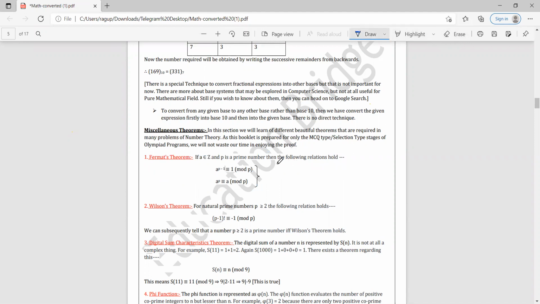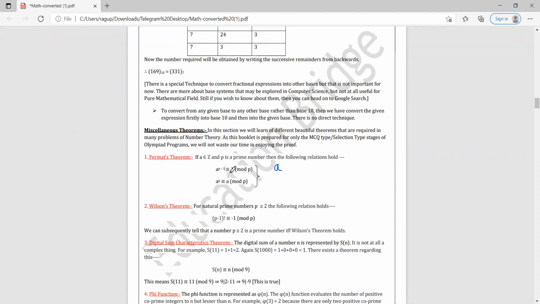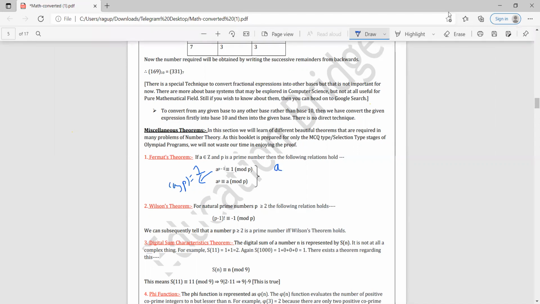So let's say we have a number a, and this is valid for GCD of a and p has to be equal to 1. So a cannot be divisible by p, otherwise this theorem will not hold true.